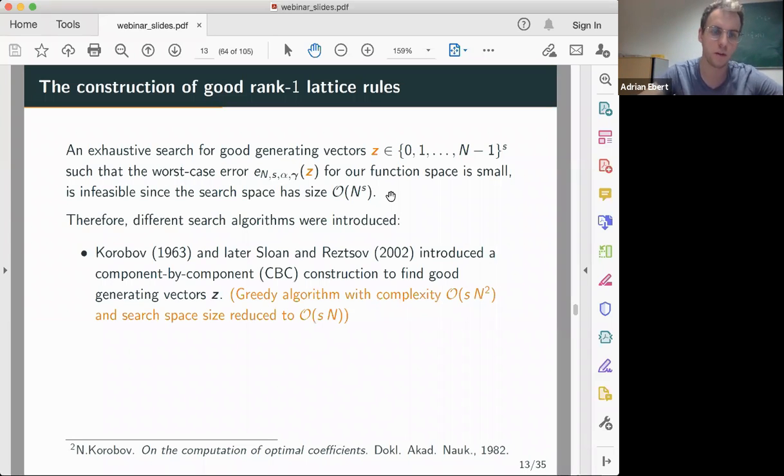But to still find good generating vectors, in the QMC literature there were some other algorithms proposed by Korobov and then later also Sloan and Reztsov, namely so-called component by component, or short CBC, constructions. And these are basically greedy algorithms that select the components of the generating vector one component at a time, and still achieve good results regarding the worst case error behavior.